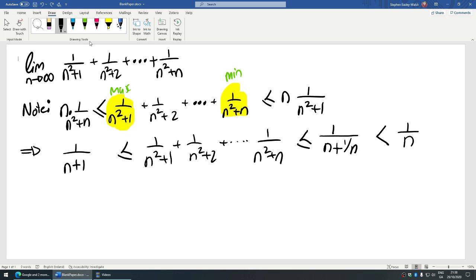So now if I take the limit as n goes to infinity, what I'd end up having here is 1 over infinity, so that'll be 0. And that's our question.